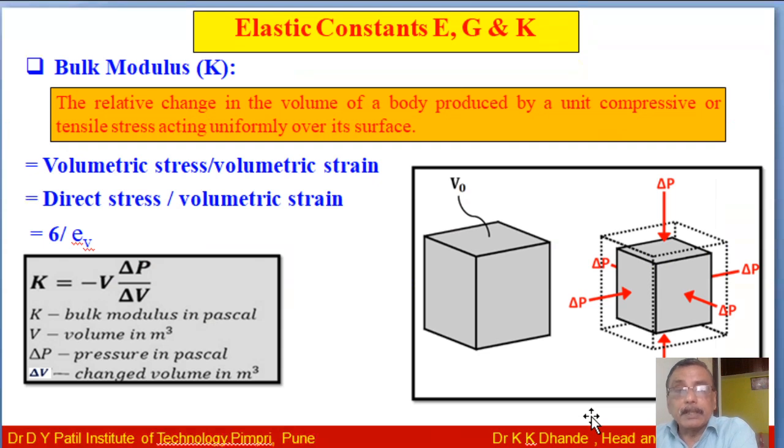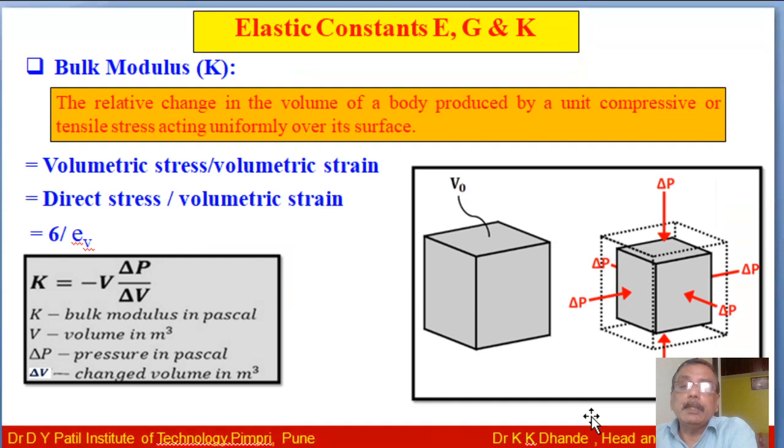But simultaneously, in the perpendicular directions, its dimensions decrease. That is the lateral dimension decreasing, which means lateral strain is induced. So ultimately the volume also changes. That's why we use volumetric stress to volumetric strain.